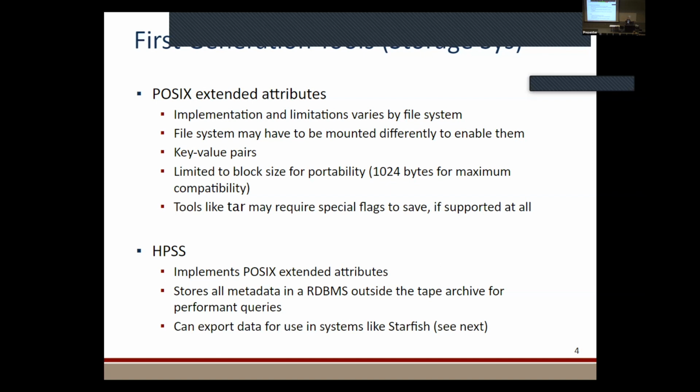HPSS, the tape storage mechanism we use at a lot of our sites, has POSIX extended attributes, but it takes all of the metadata, or file information that it has, puts it in a database, and allows you to query from it there.